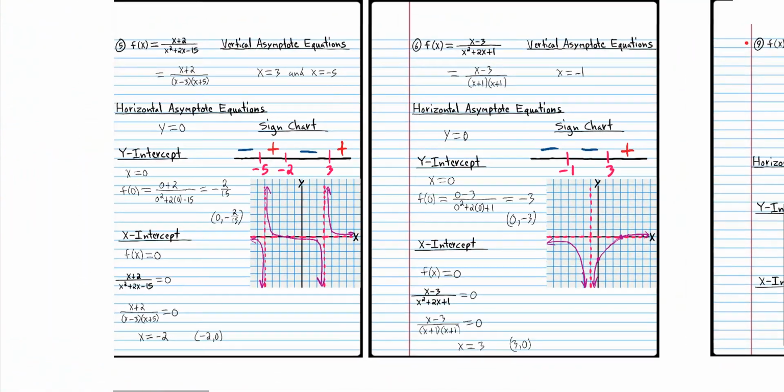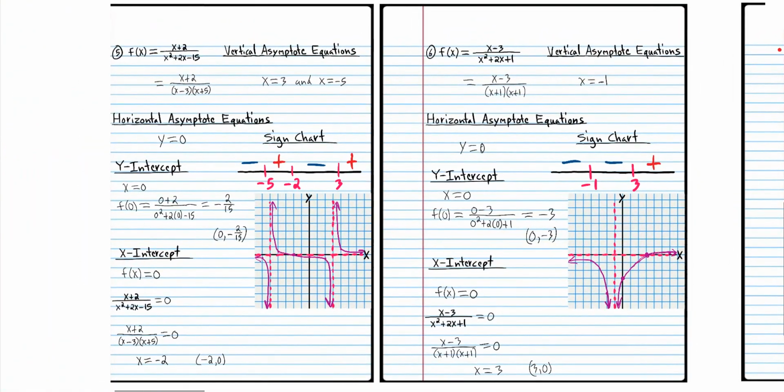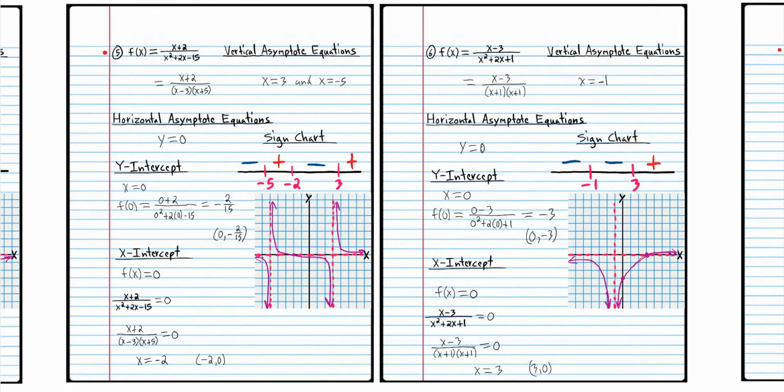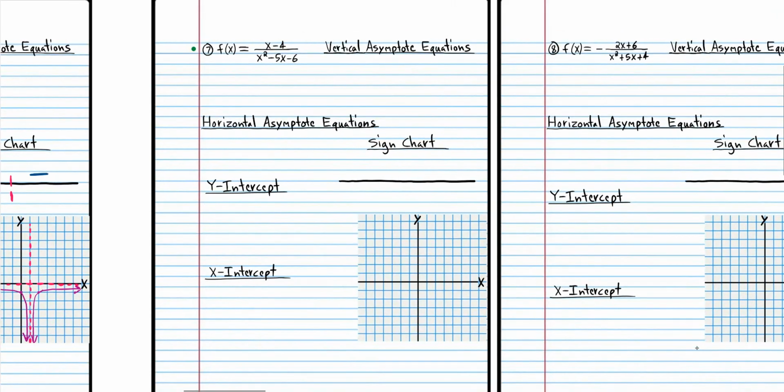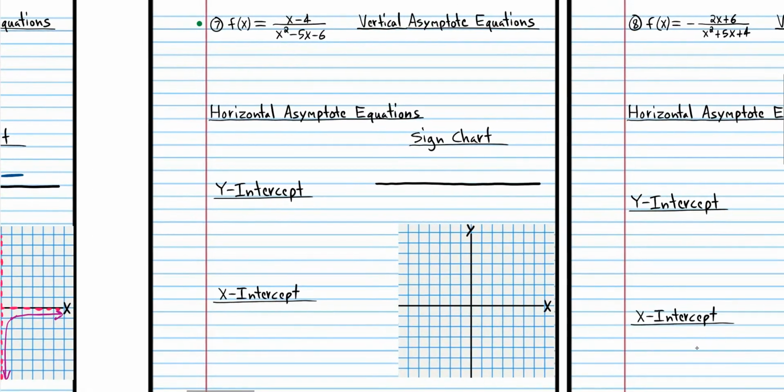So there you go. There's some more examples. And so I want you to get a picture of these two problems. And I want you to try number 7. So go ahead and try number 7. Remember, start by drawing your vertical asymptotes.